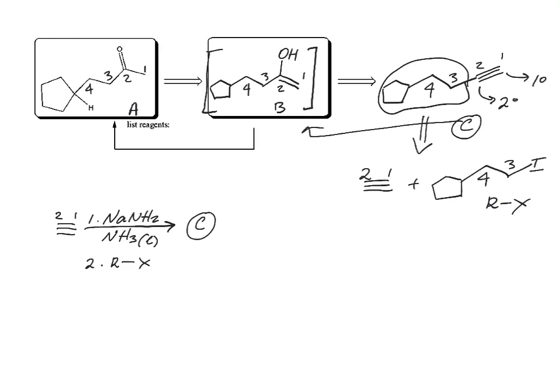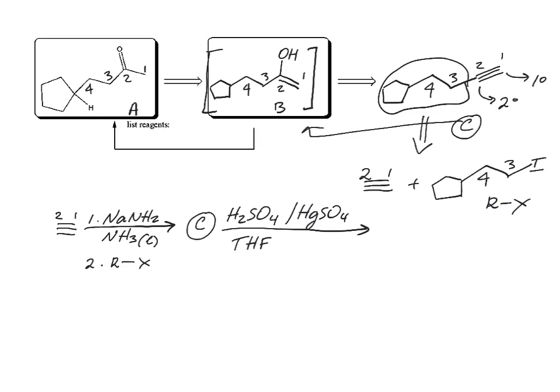So for Markovnikov type of hydration of an alkyne, we need sulfuric acid with mercuric sulfate catalyst in aqueous solvent.